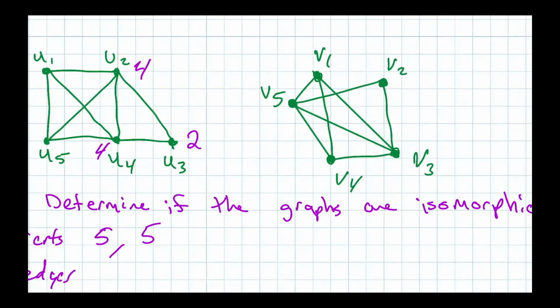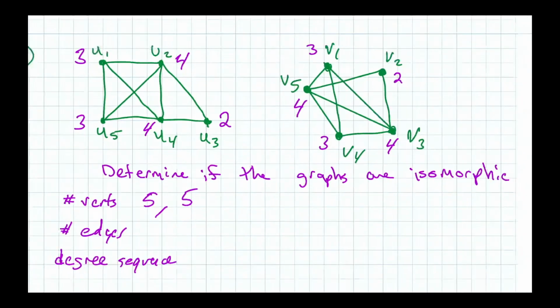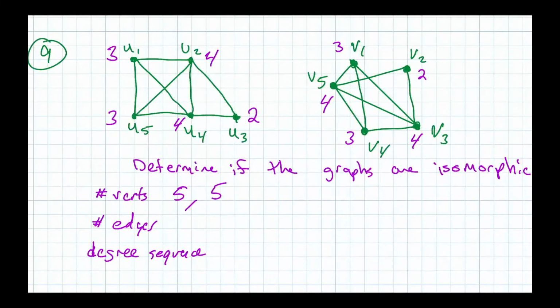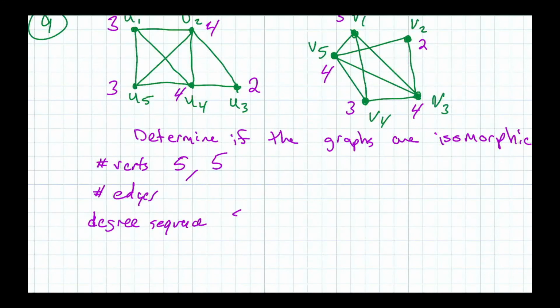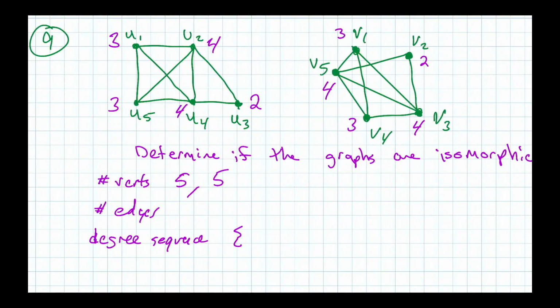Do the same thing for the other one. We got a 3, we got a 2, a 4, a 3, a 3, and a 4. All right. If you look at these, I'll put them in ascending order. For the first graph, we have a 2, then 2 3s and 2 4s.